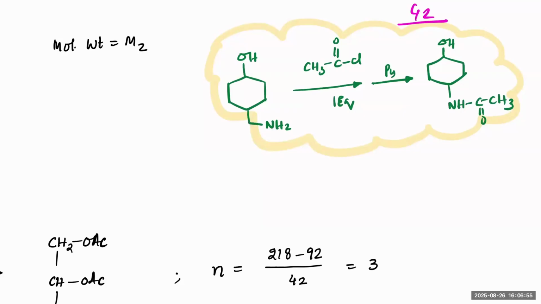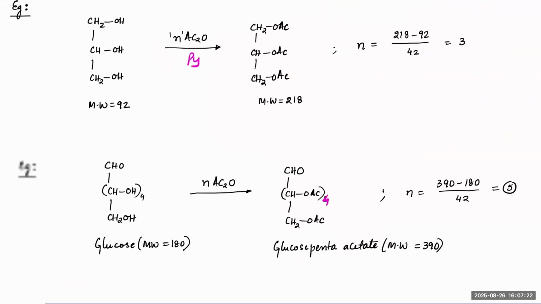Because nitrogen is less electronegative than oxygen, so nitrogen is a better donor. So nitrogen will attack. So the amide bond will be more relevant as compared to an ester bond. Clear? So keep in mind, the first priority is always the formation of amides. Okay, beta?